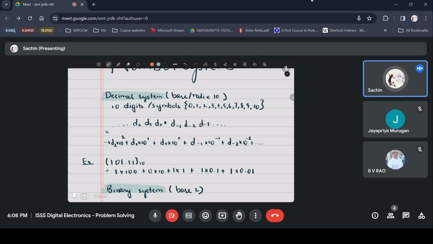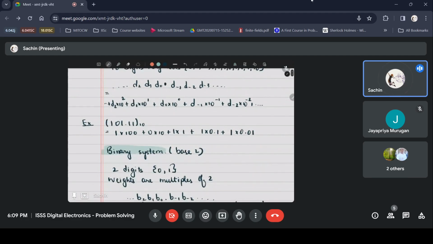So if you have a number d2 d1 d0 point d minus 1, d minus 2, etc., then the actual value of that number would be d0 times 10 power 0 plus d1 times 10 power 1 plus d2 times 10 square, which is 100, plus d minus 1 times 10 power minus 1, etc. So this is how you represent a number in the decimal system. For example, the number 101.11 in the decimal system will be 1 times 100 plus 0 times 10 plus 1 times 1 plus 1 times 0.1 plus 1 times 0.01.